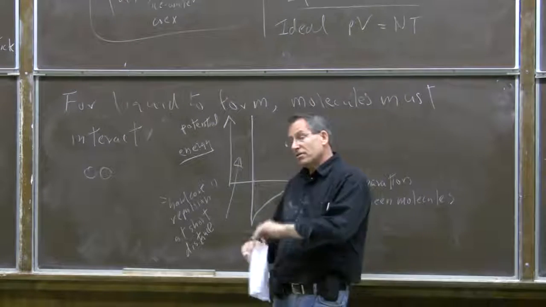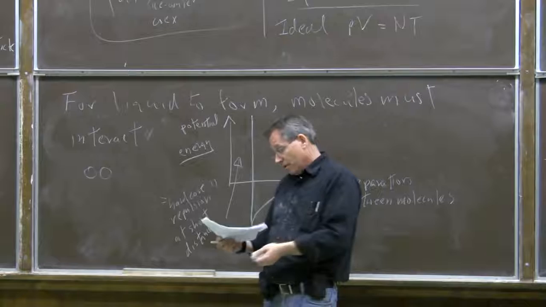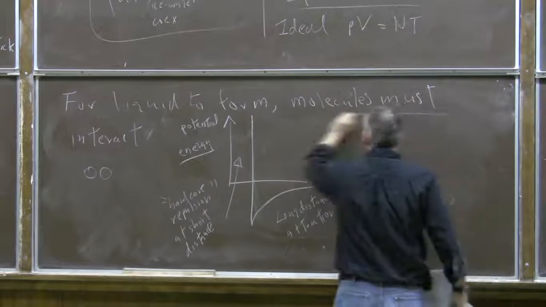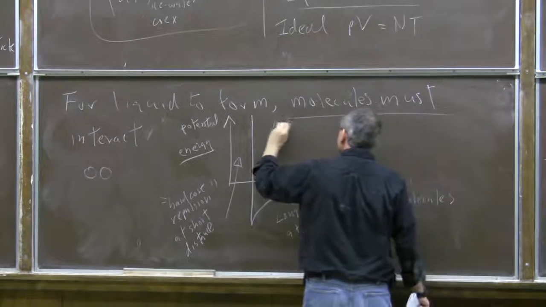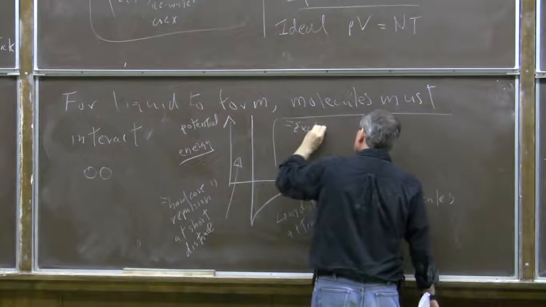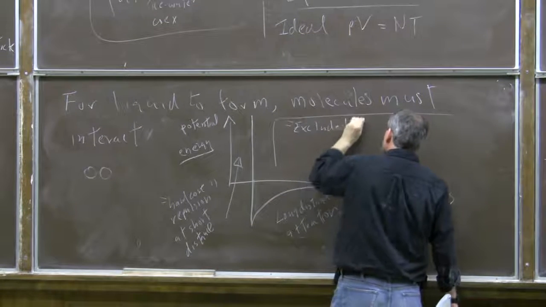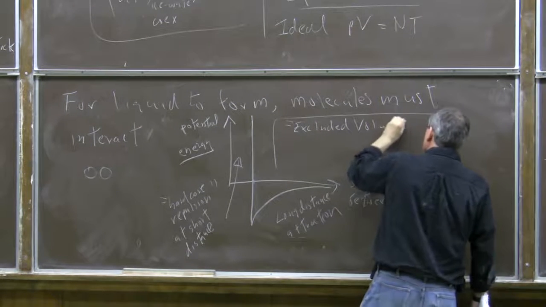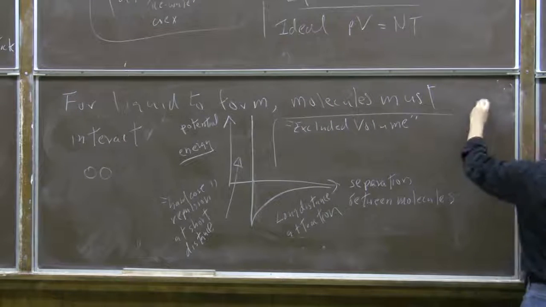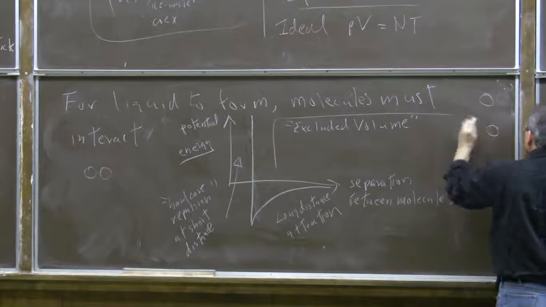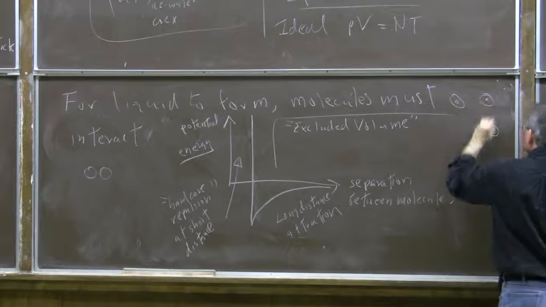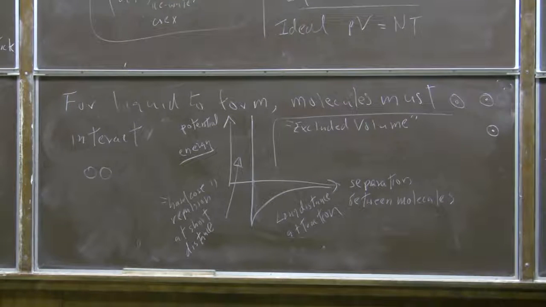And to model the effect of the hard core, I'll just say there's some excluded volume around each molecule, a region of some finite fixed size where the other molecules can't go.